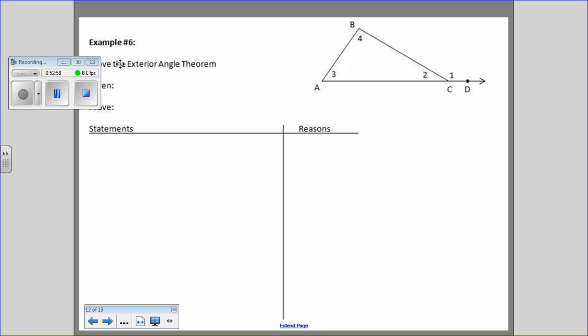Okay, so when we are proving, remember what we talked about. Your given is always your if, or whatever we're starting with, and our prove is always our then, or what we're ending with. Okay? If I'm proving the exterior angles theorem, what do I need to have in order to even be talking about exterior angles? What do I have to have?